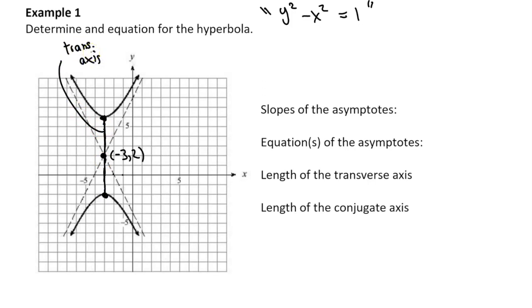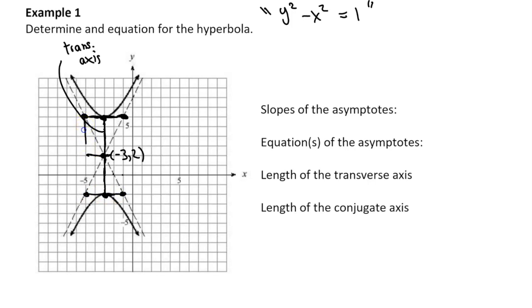And then you know that running horizontally is going to be your conjugate axis, but you might be thinking, well, how long do I go for the conjugate axis? If it's asking me for the length of the conjugate axis, I'm not sure how far to go. So here's what you do. You take a look at your vertex, and you can join it horizontally until it meets the asymptote.